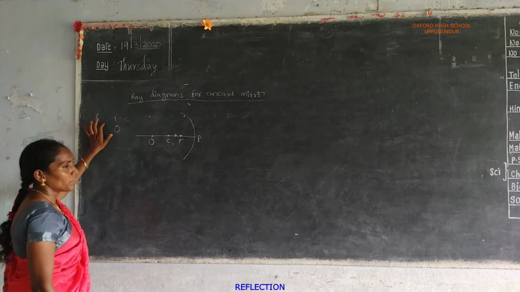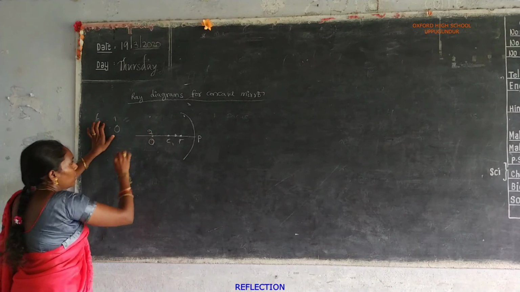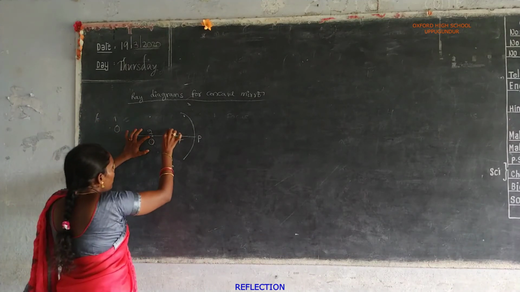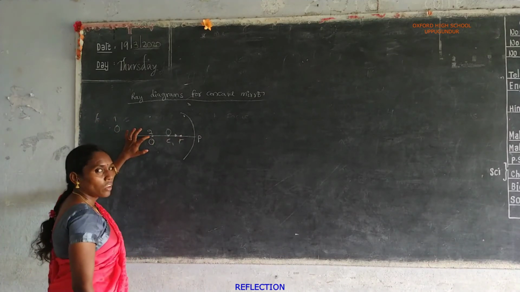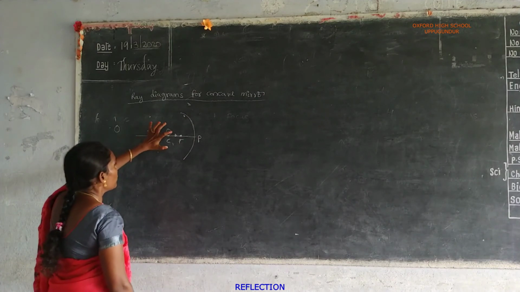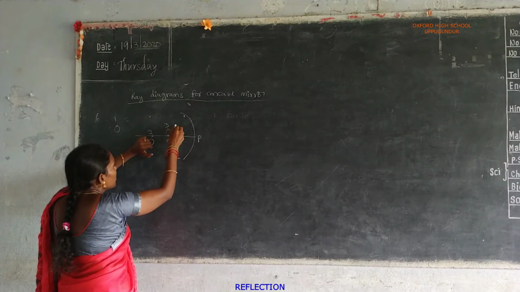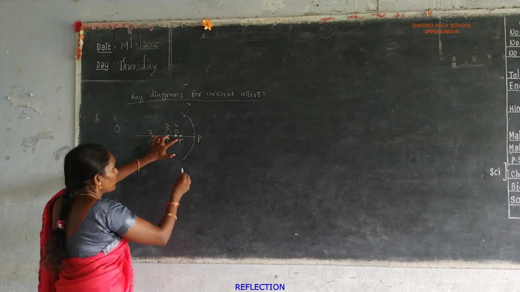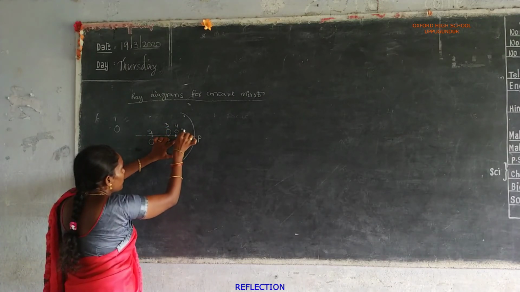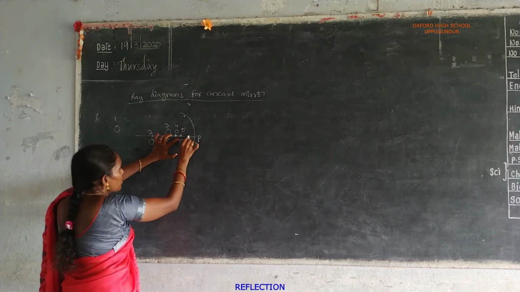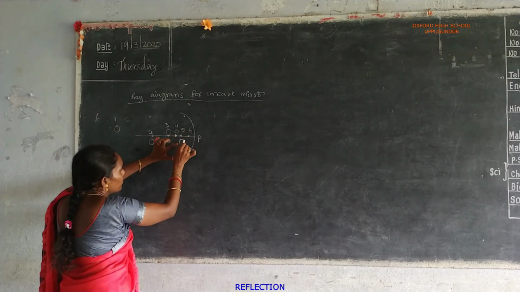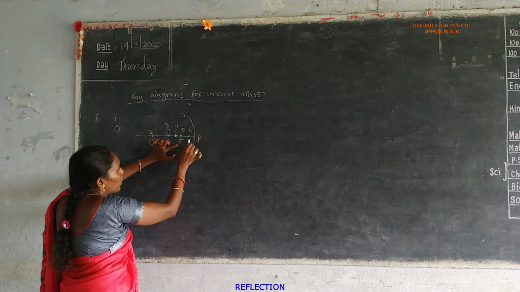This is the object. The third ray diagram is when the object is placed at C. The fourth ray diagram is when the object is placed between C and F. This is third, this is fourth. And next, the fifth ray diagram is when the object is placed at focus. And the sixth ray diagram is when the object is placed between focus and pole.